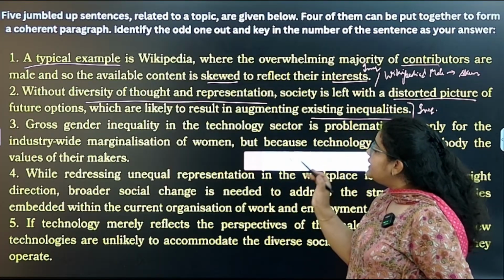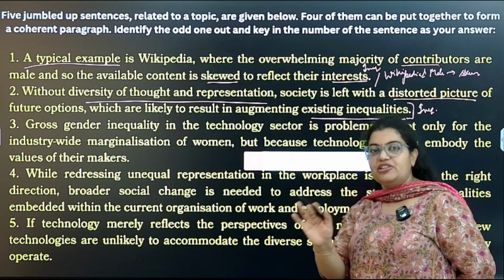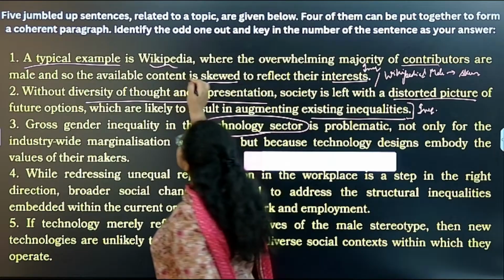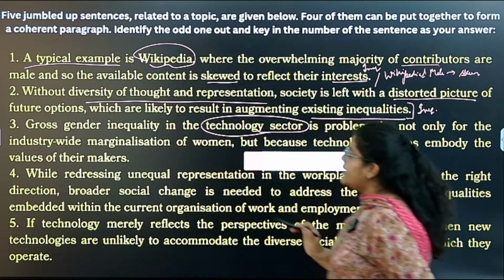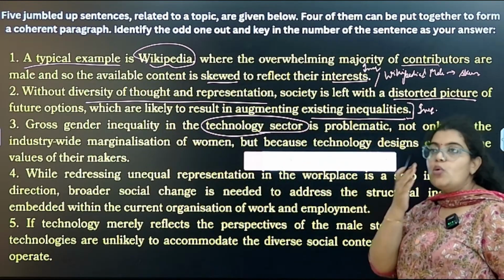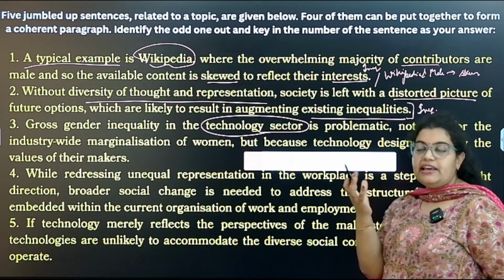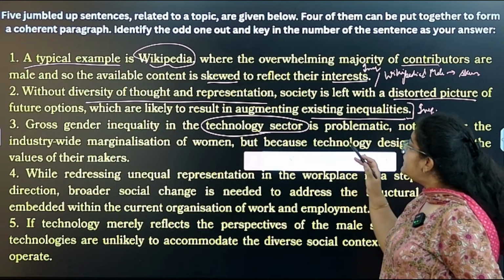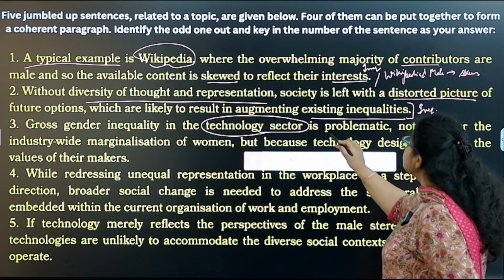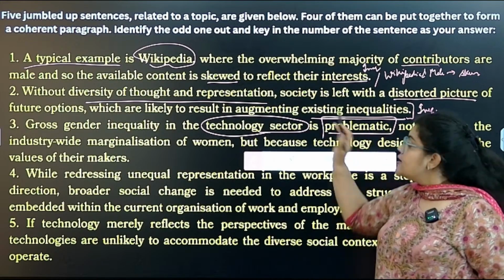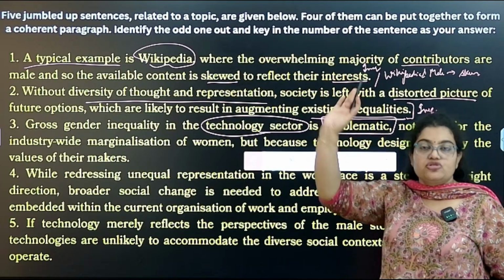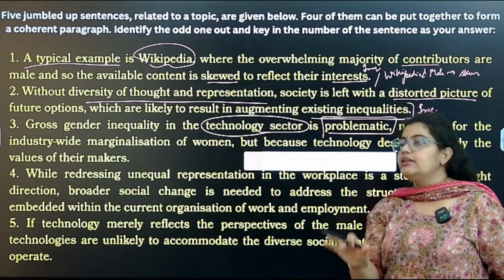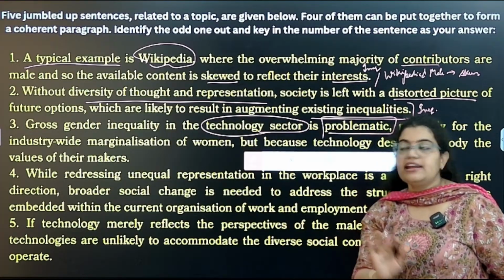Now gross gender inequality, again coming to the same thing in the technology sector. Wikipedia is a technology sector. So we are getting our signal words, the echo words for that matter. So gross gender inequality in the technology sector is problematic, okay? So again going with the same tone. So as of now, 1, 2, 3, all in one tone, the author is not happy with the gender inequality.